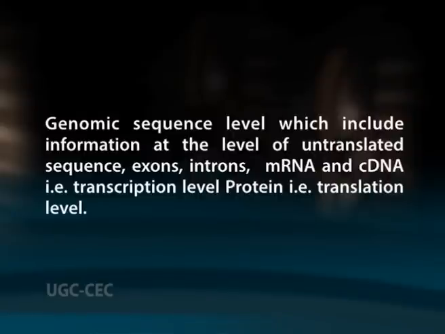DNA sequence information can be obtained at the following three levels: genomic sequence level, which includes information at the level of untranslated sequence, exons, introns; mRNA and cDNA, that is, transcription level; and protein, that is, translational level.